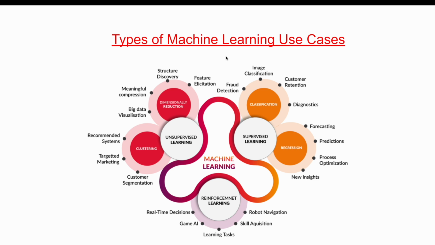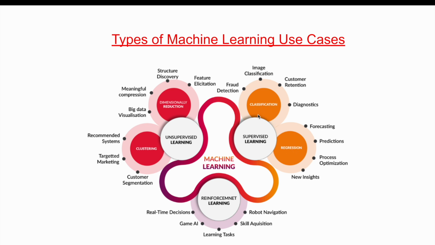And I did find something that I thought was very good for use cases for the different types of machine learning. You can see here we have supervised learning, and in supervised learning we have classification and regression.